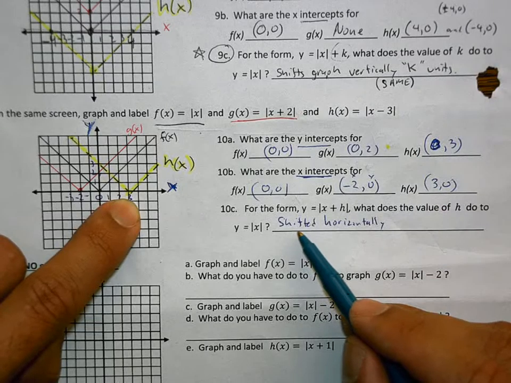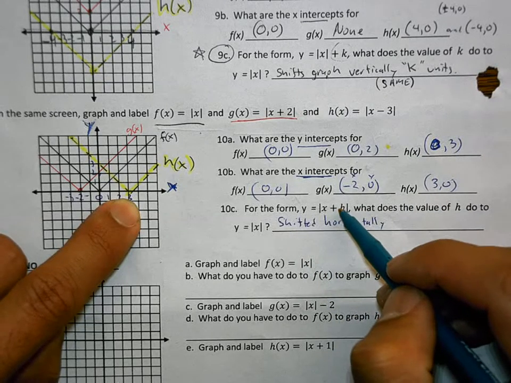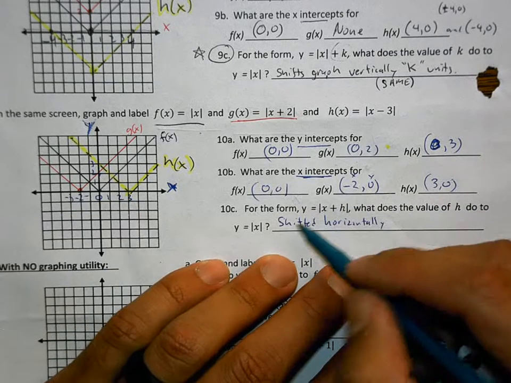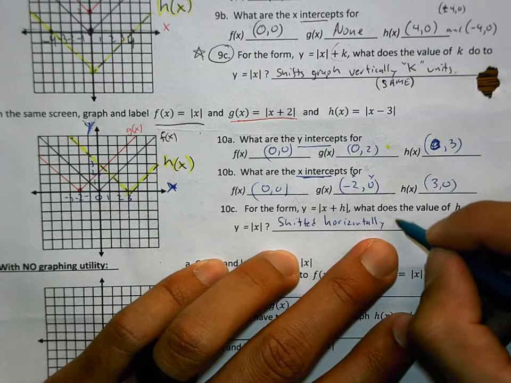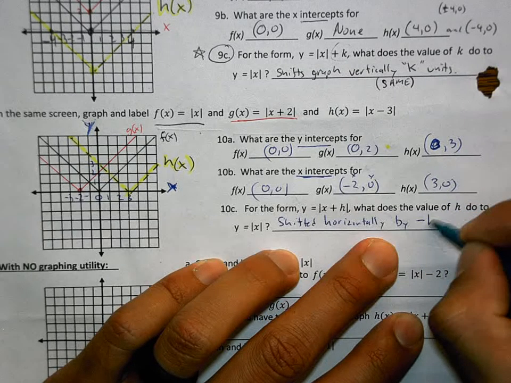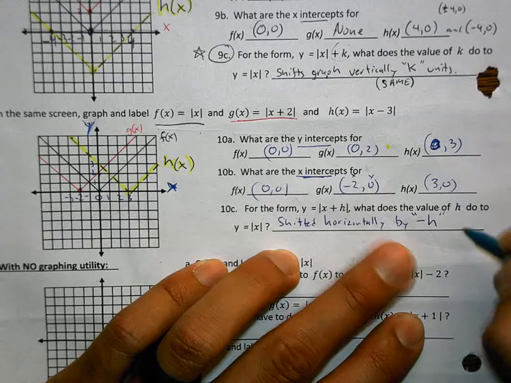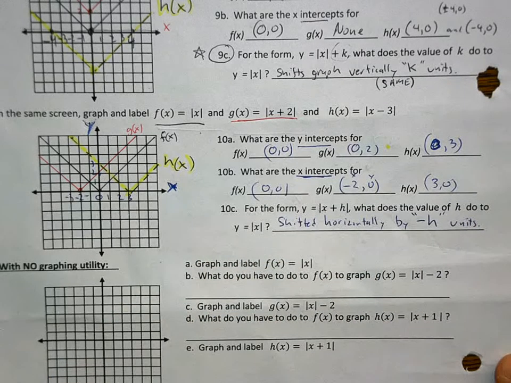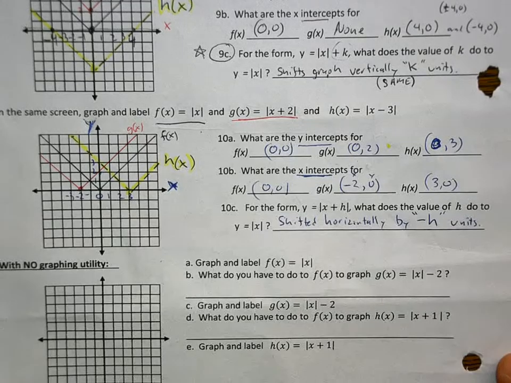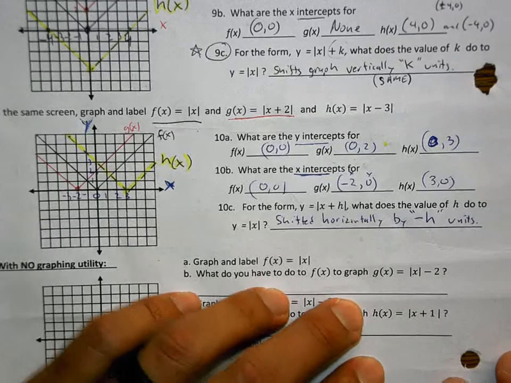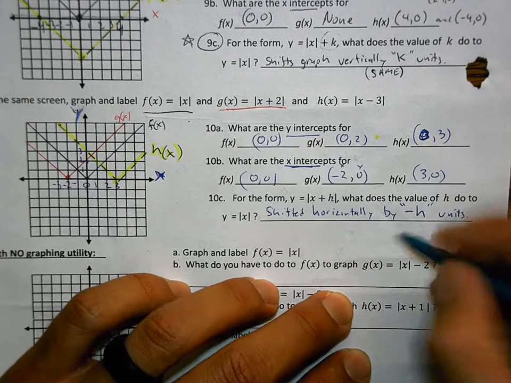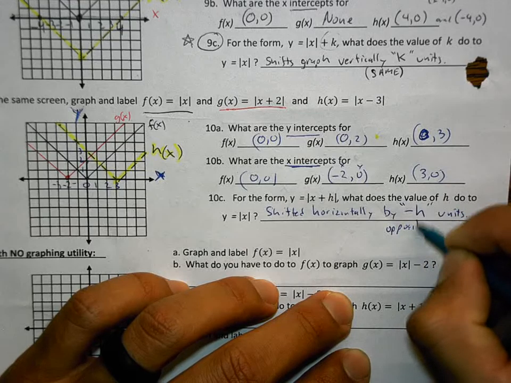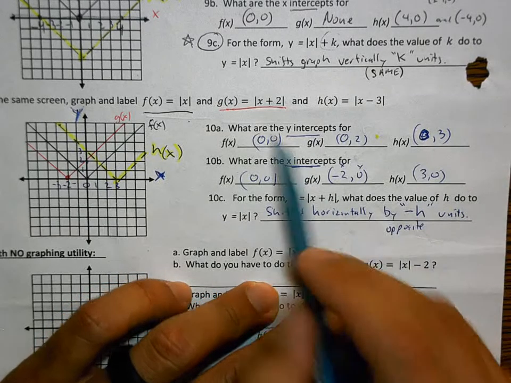So when we shift a graph with an h, with something inside the function, it's shifted horizontally by negative h units. I know that's hard to understand, but the easiest I can make it for you is this. It's the opposite of whatever this is.